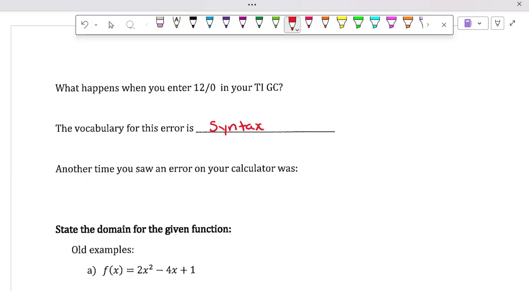Now, you guys probably learned about this word in English. What does syntax typically mean in English? In your English class, I know you guys have talked about syntax. Well, this is 8th grade stuff.